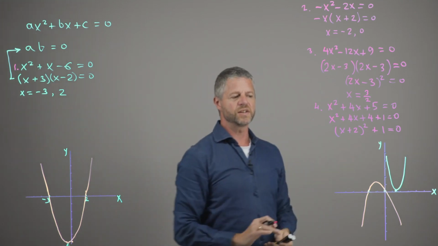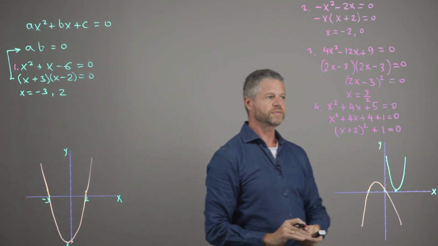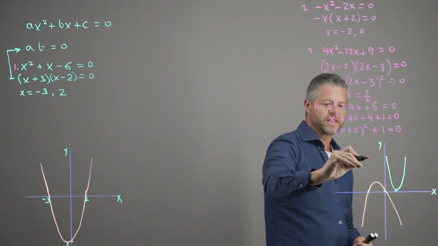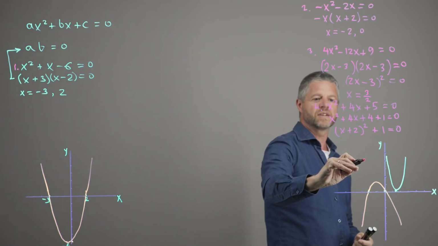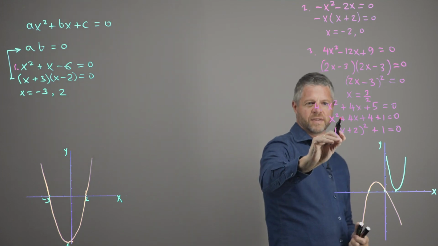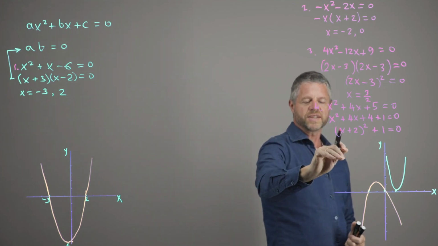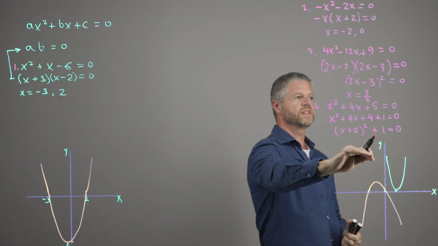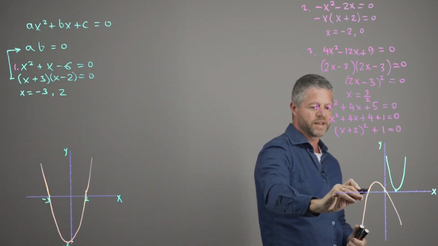So what does it look like in terms of a graph? So it turns out that this one is, when x is minus 2, then the function is equal to 1.